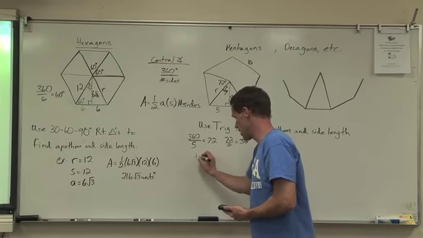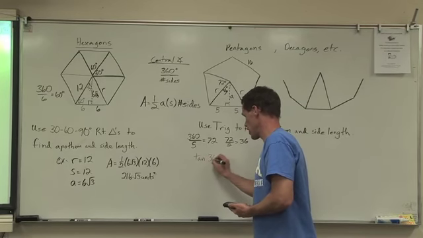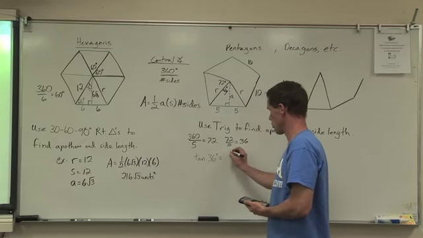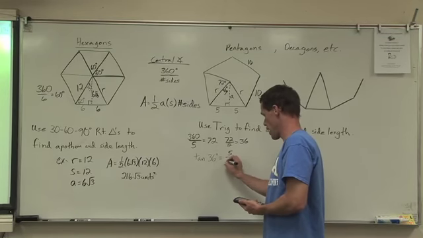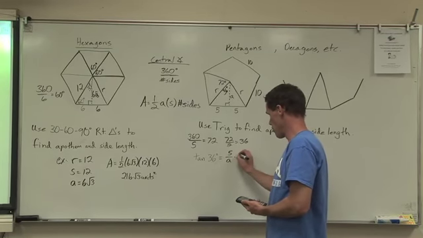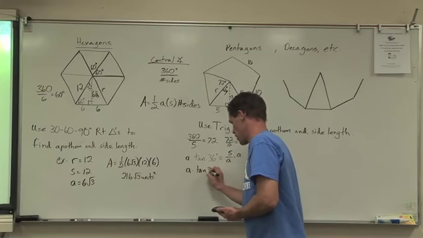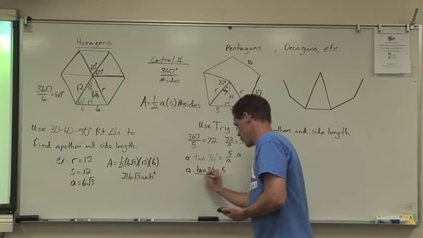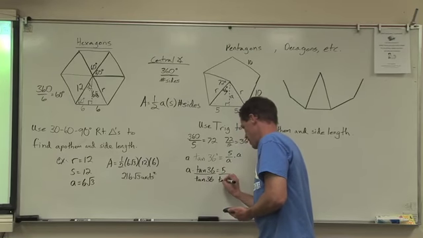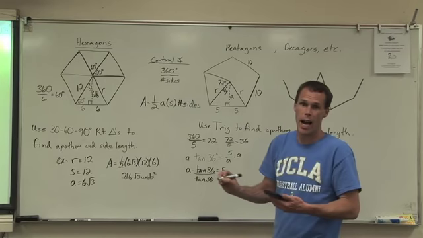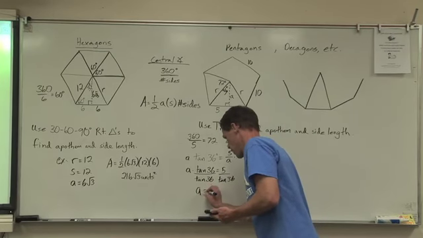We can now say the tangent of 36 degrees is equal to 5 over the apothem. If I multiply by a on both sides, I get apothem times tangent 36 equals 5. Divide by the tangent of 36 on both sides, and now I can find the apothem.